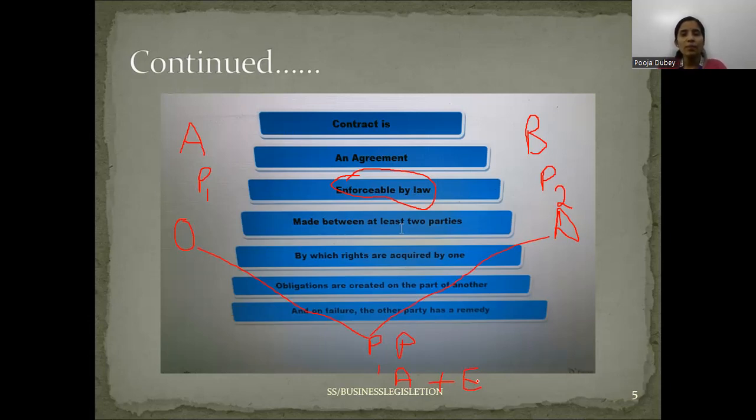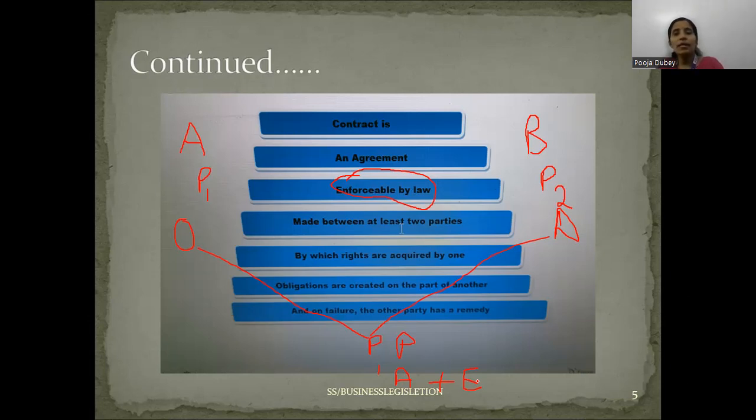So for the development of the contract, there are two parties. The offer and acceptance must be exchanged between the parties. And when this offer and acceptance are exchanged, it becomes the promises, and then promises for consideration, then agreement, and then agreement enforceable by law is a contract.